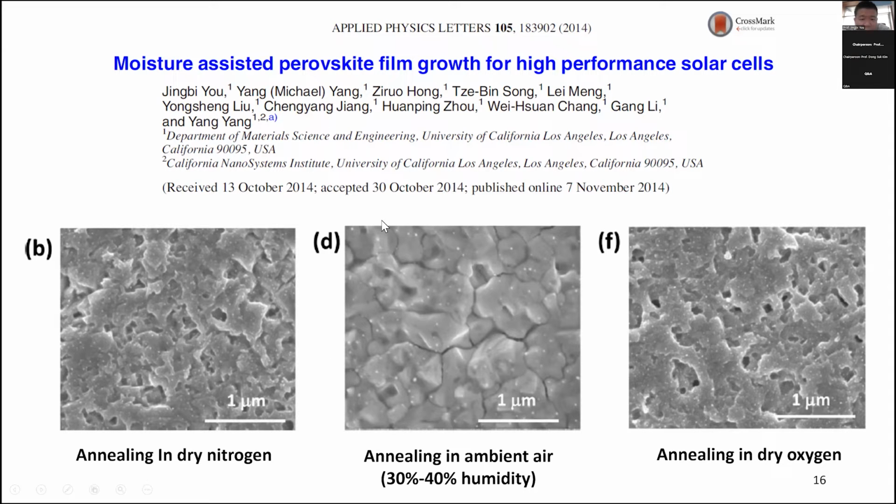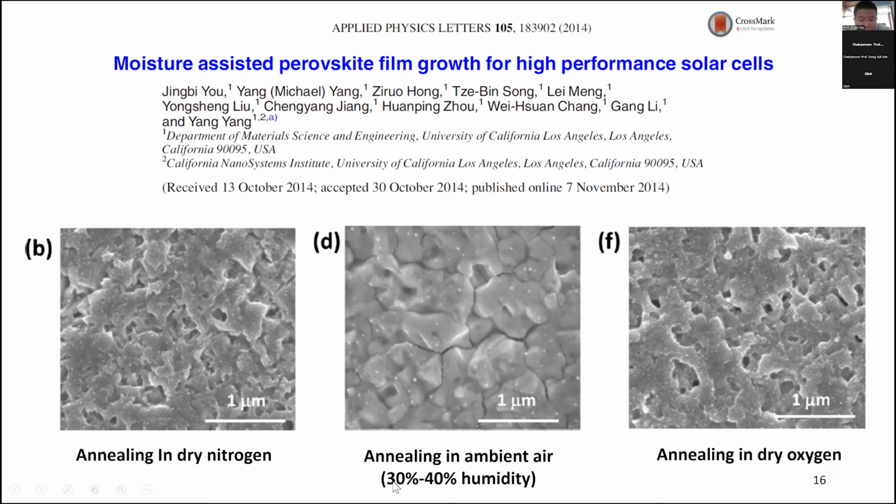So based on this link, we grew the perovskite in several environments, for example, in a dry nitrogen environment and in a dry oxygen environment. And based on our finding that moisture could induce perovskite formation, we grew the perovskite materials in ambient air with some humidity.